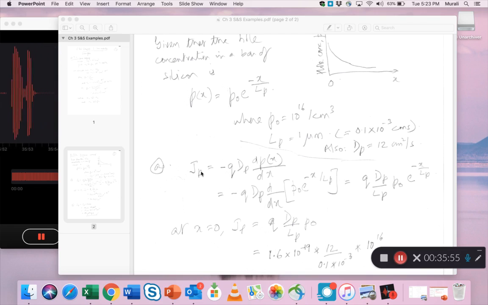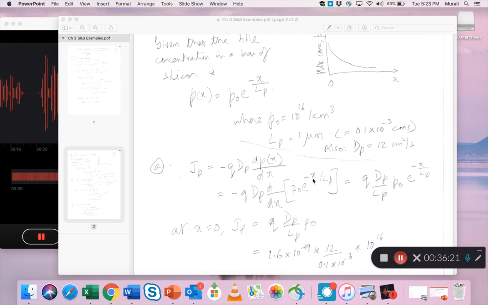We know the formula for the current density. We are ignoring the n part and just focusing on the p part because there was no mention of n, so we drop that. So the equation is minus q Dp times the derivative. Now you take the derivative of this exponential function, which is what I've written here.